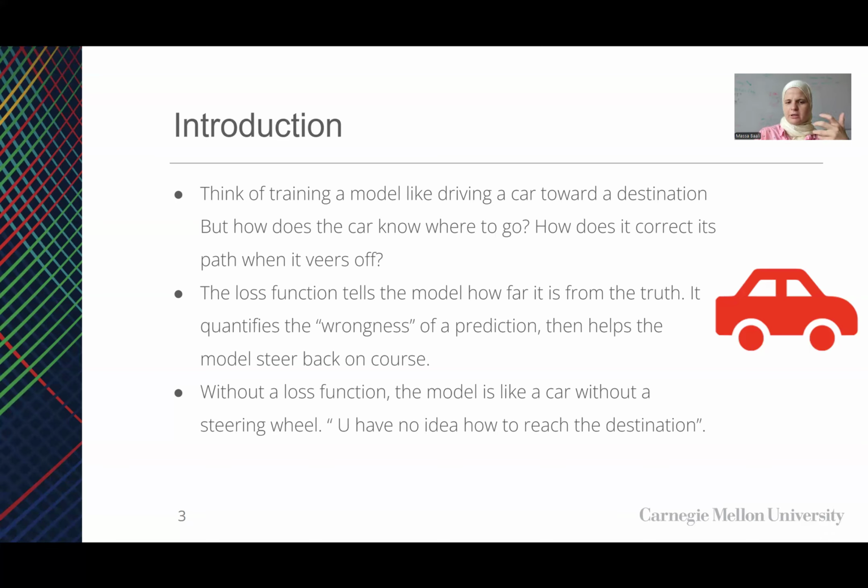The loss function tells the model how far it is from the truth. It quantifies the wrongness of a prediction, then helps the model steer back on course. Without the loss function, the model is like a car without a steering wheel, with no idea how to reach a specific destination.